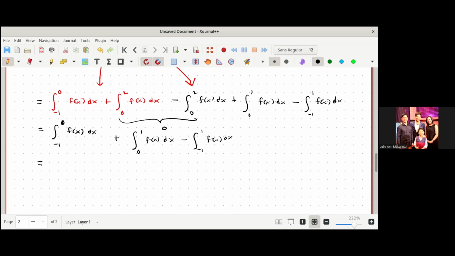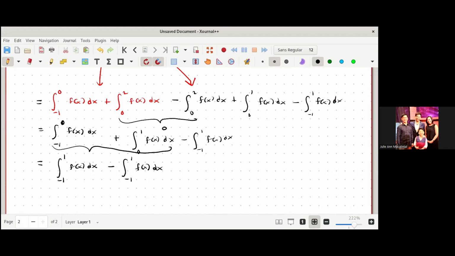Dito, i-merge na po yung first at second terms, from negative 1 to 1. So ito, merge the first and second to get this.